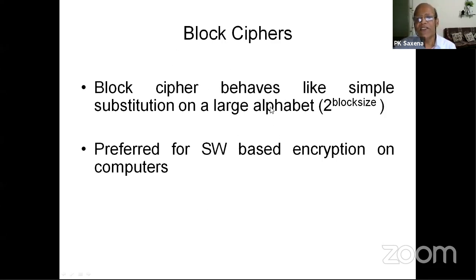Here, a block of bits behaves like a single entity and is transformed into another block of the same size. Since a block of bits is chosen, it is known as a block cipher. Encryption happens block-wise and not bit-wise.